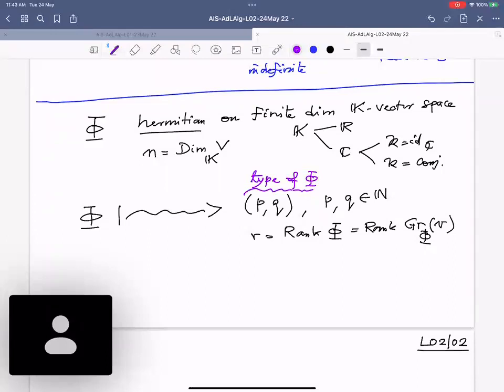Even if somebody gives you a matrix and you want to study that matrix, you look at the linear map defined by that and find another basis of that linear map, so that the matrix of F with respect to that new basis will be nicer.